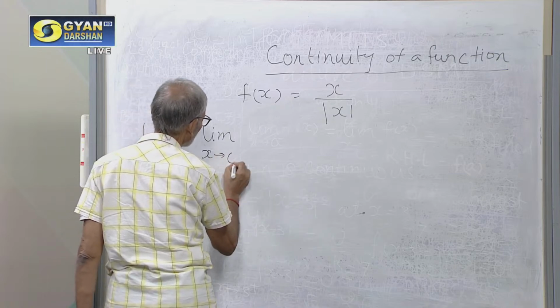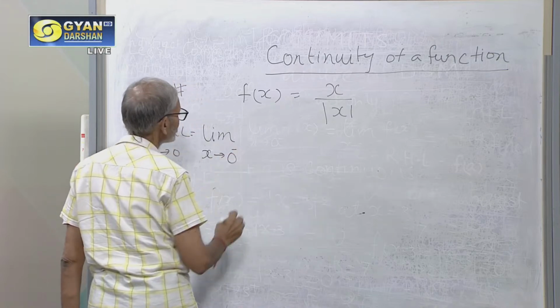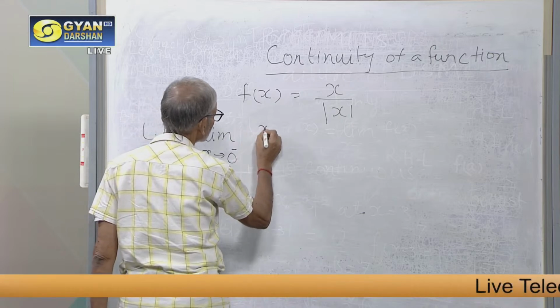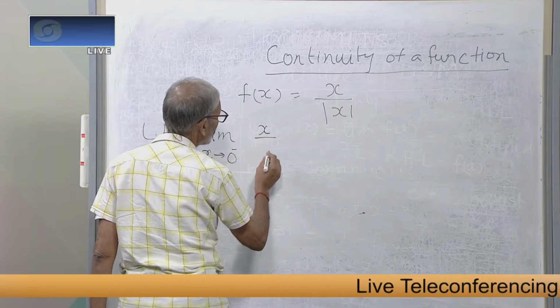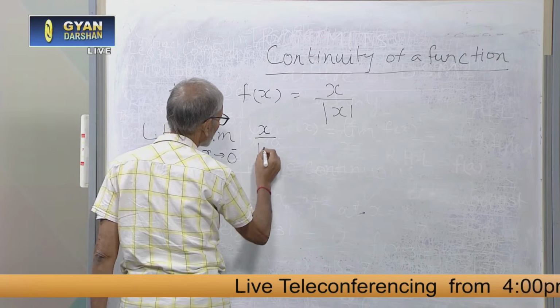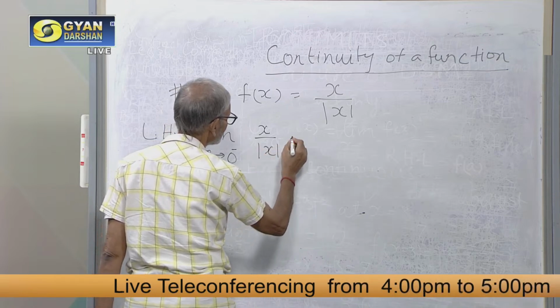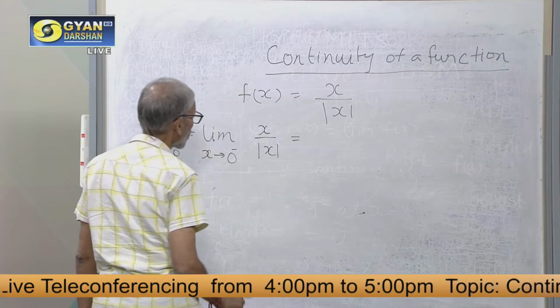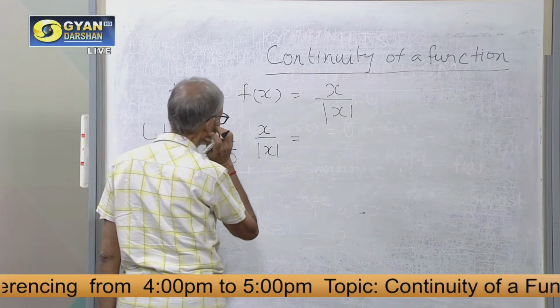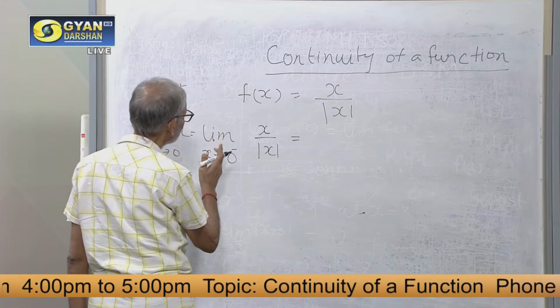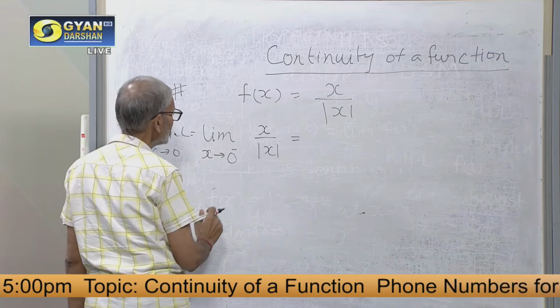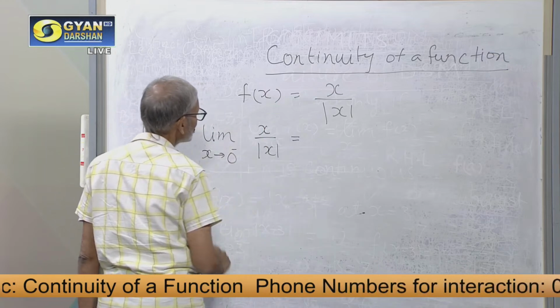So, x tends to 0 minus of x upon mod x. Since x is tending from left side, it will be less than 0.